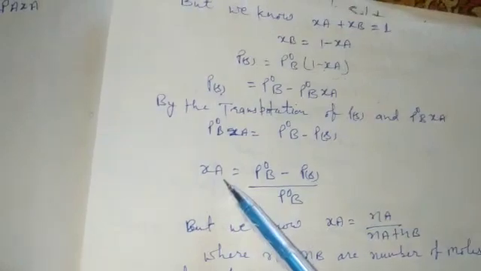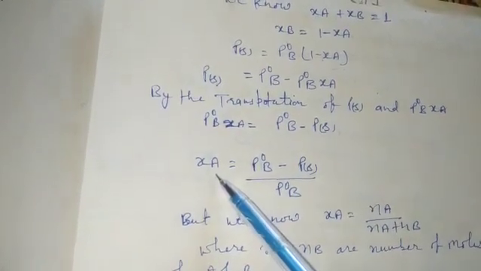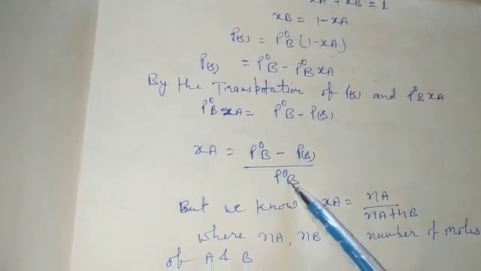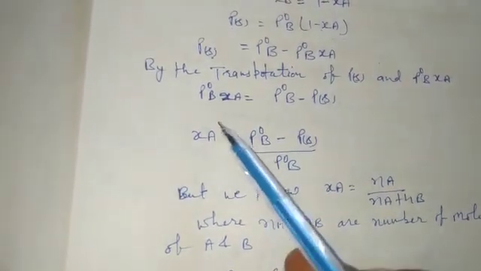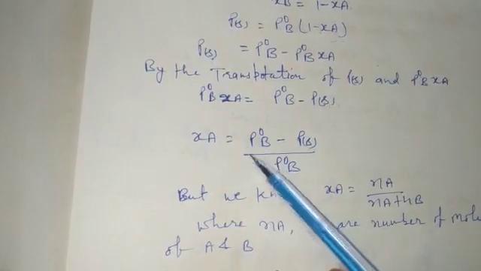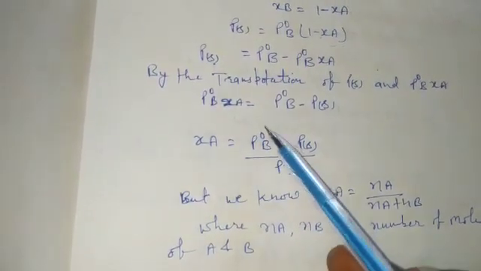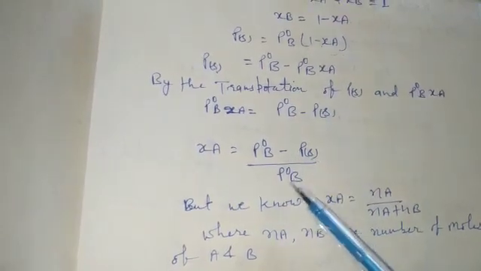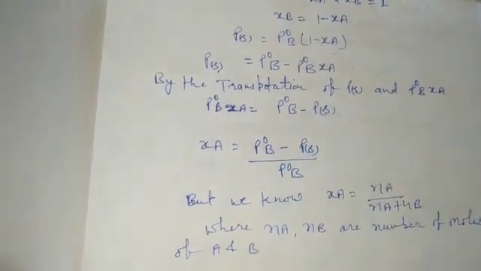What is the value of Xa? Xa is equal to (P naught B minus Ps) divided by P naught B. Clear? This Xa is the mole fraction, this P naught B is the vapor pressure of the pure solvent, this Ps is the total pressure of the solution, and this P naught B is the same as that P naught B.